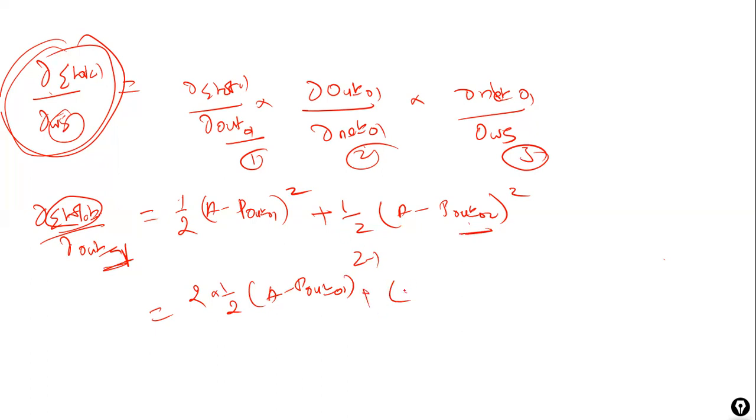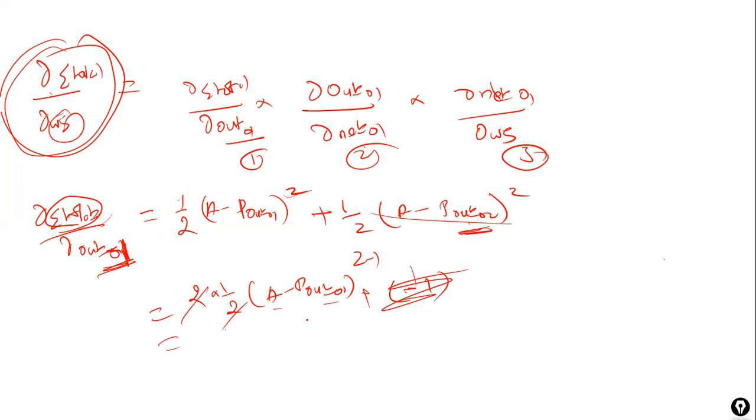The power rule is applicable: 2 into 1 by 2, actual minus predicted value, 2 minus 1. And since we don't have out O1, this will become constant, or it will simply go away. It will become 1, nothing, okay? And you are left with only this, and the 2 and 1 by 2 will get cancelled out.